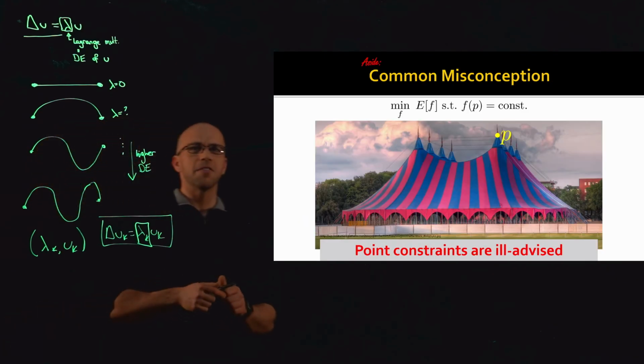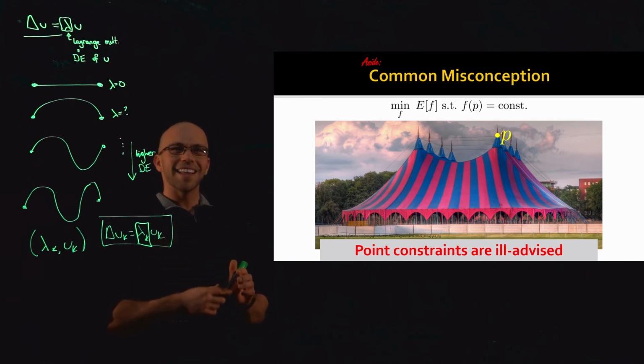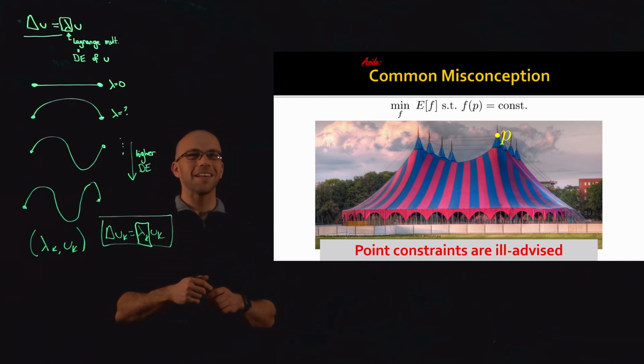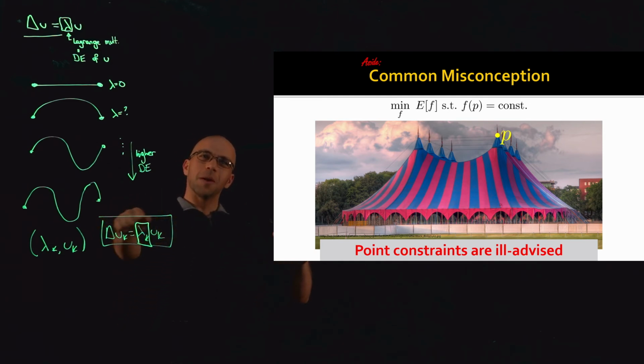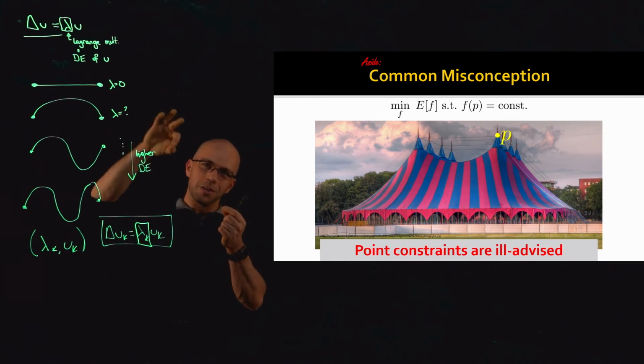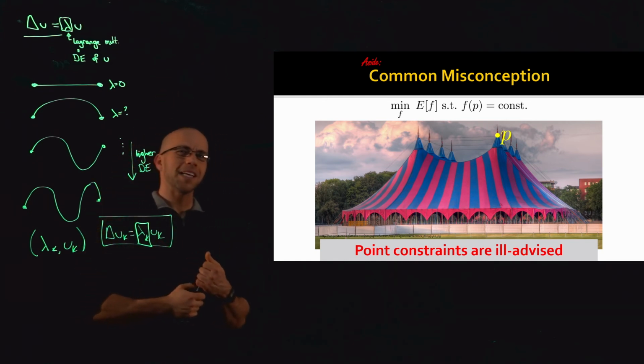So one thing you might have noticed about the pictures that we're drawing is that they look an awful lot like tent poles. And that's absolutely right. Laplace equals 0 is somehow simulating a very thin rubber sheet where I've pinned the value of a function at a few points. But as an interpolant, that's probably ill-advised, right?